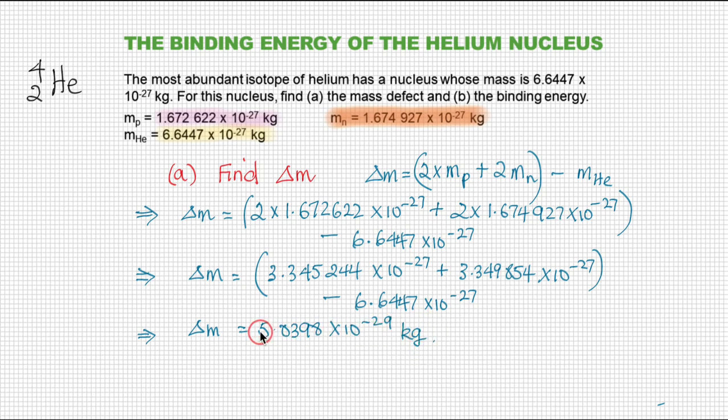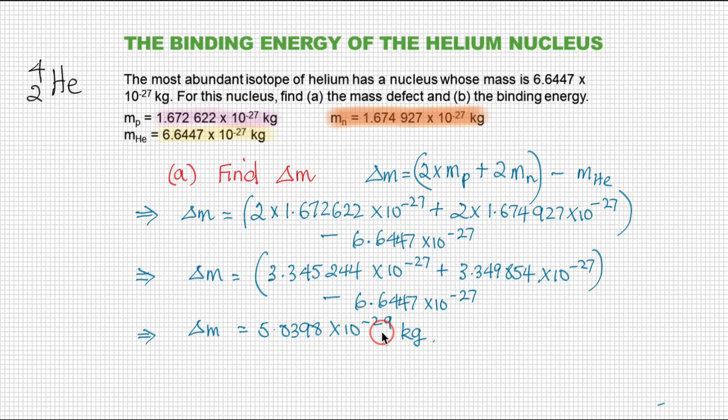So that is the change in the mass between when the nucleons are separate, that is not in the nucleus, and when they are bound in the nucleus by the strong nuclear force.